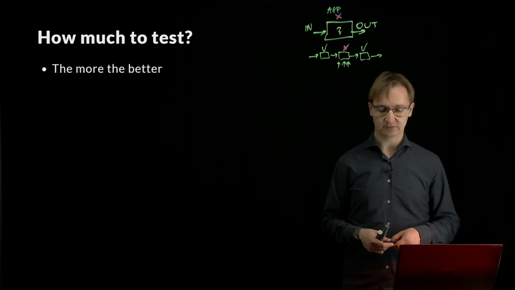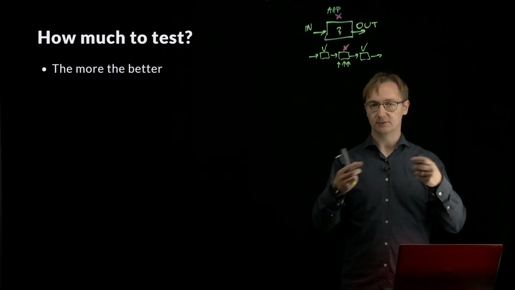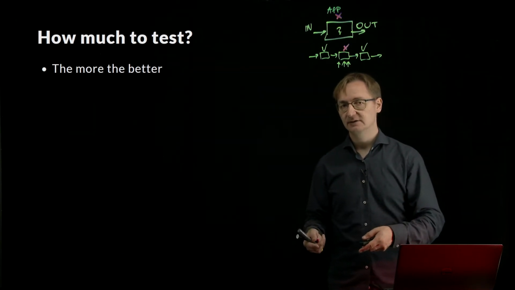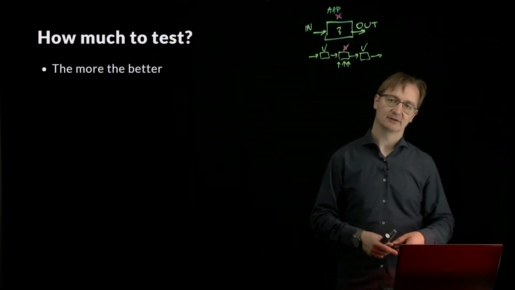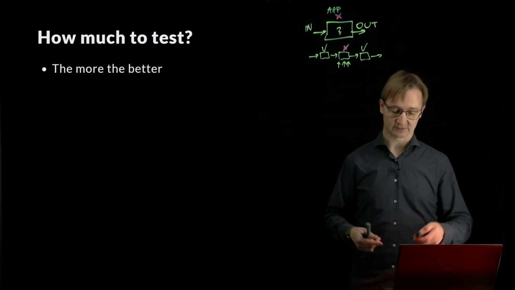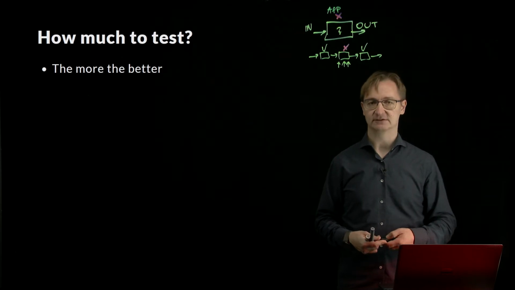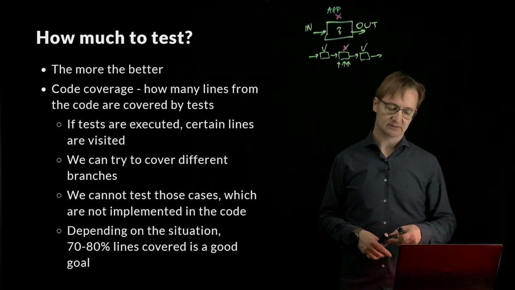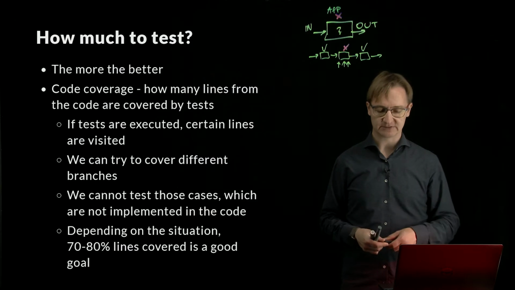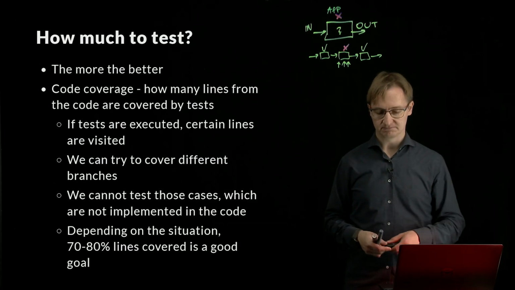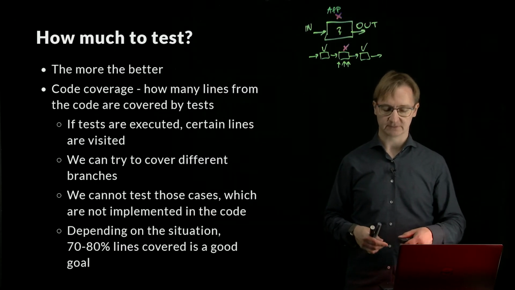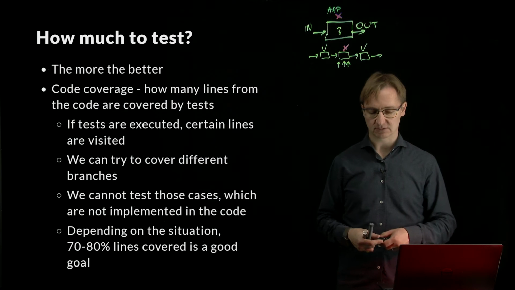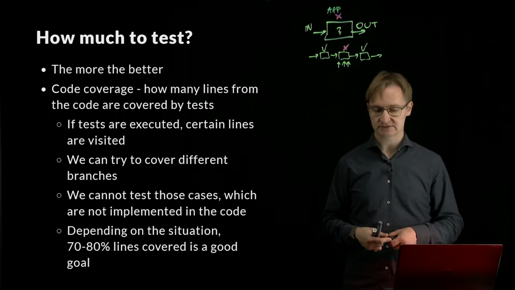We can say the more you test, the better. So the more tests you have, probably you have covered most of the or all the edge cases and the different situations. And usually there is a special value or a special kind of ratio, which is called code coverage.